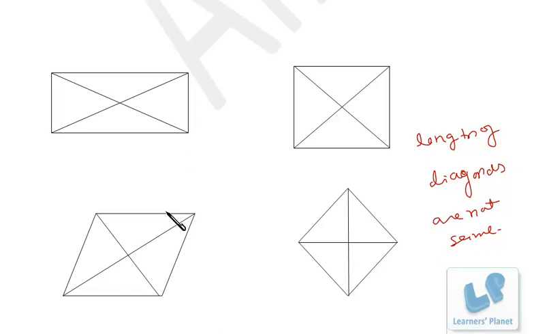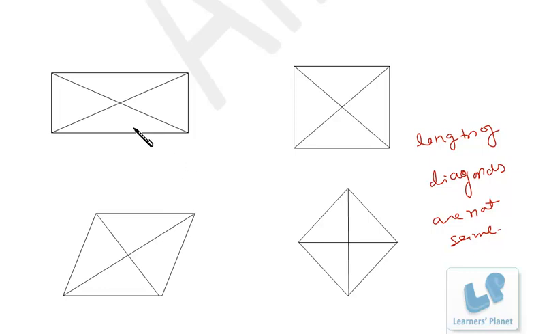Similarly, between these two, the length of the diagonals will not be the same. In this case, this diagonal is not equal to this diagonal, but in this case, this diagonal is equal to this diagonal. So the difference between a rectangle and a parallelogram is that the length of the diagonals is not the same.